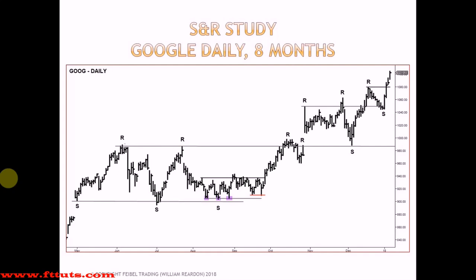Most other support and resistance applicators would draw their resistance level from the high of that bar, but this bar here, where I draw it from, contains price, and therefore I think it's valid.